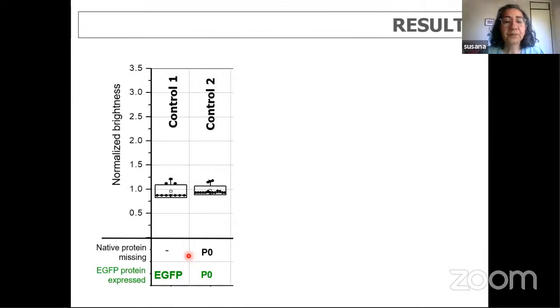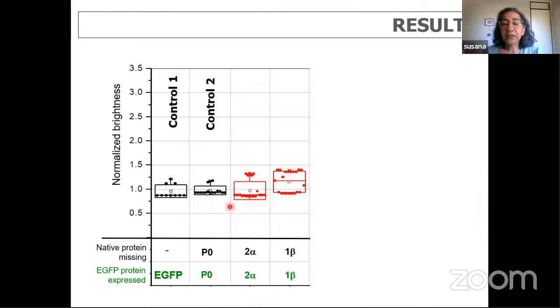So here they are. Now we're comparing data from different days. So we have EGFP, which will have a brightness of 1, and yeast containing just P0 labeled with EGFP, which will have a brightness of 1. So then what happened with the other two? In this case, the 2 alpha was knocked out, and a GFP 2 alpha was expressed.